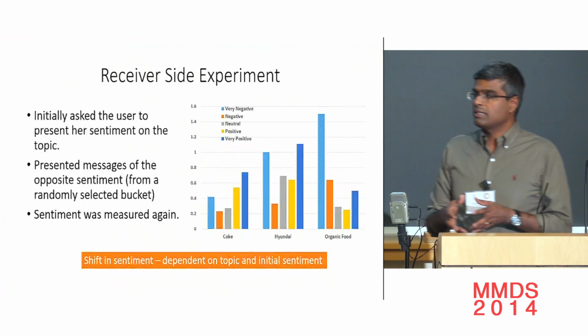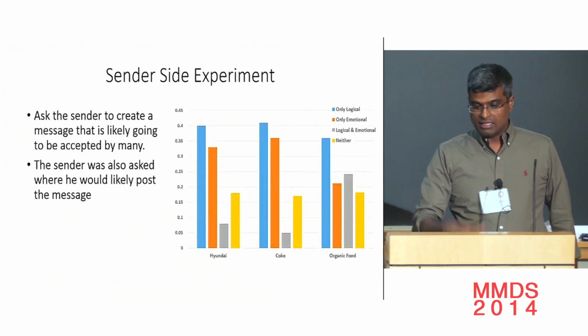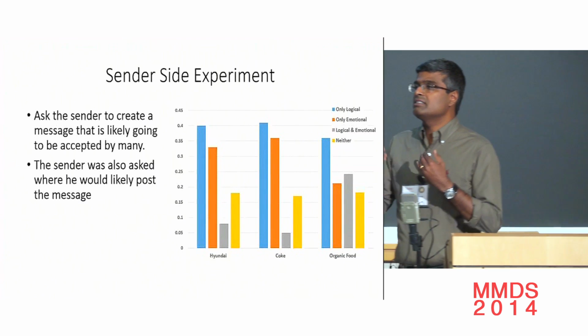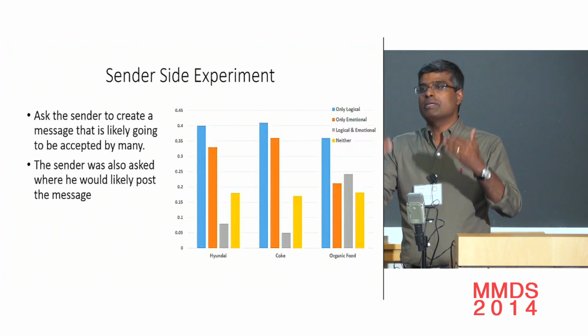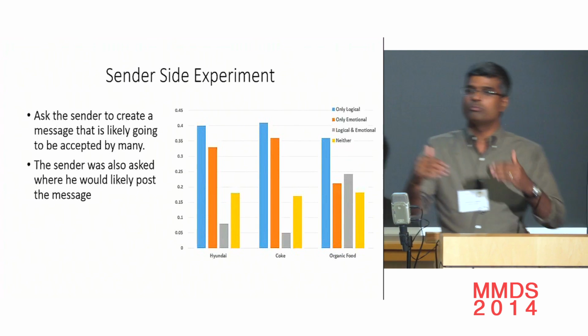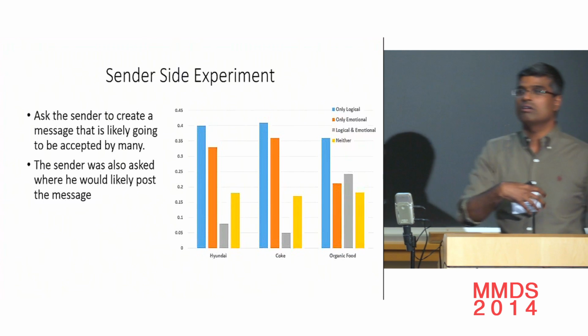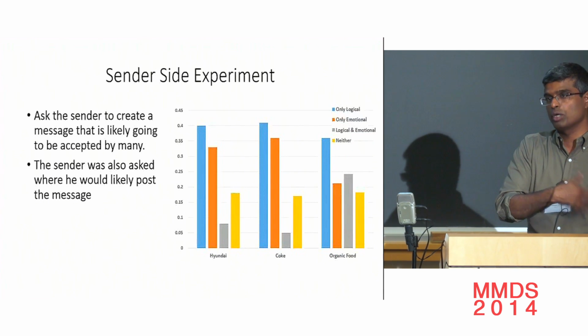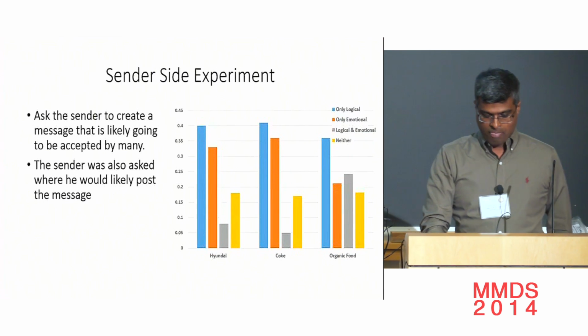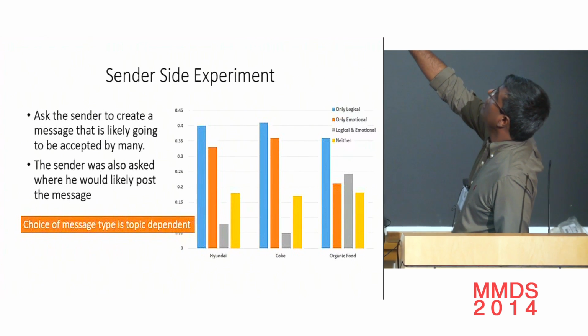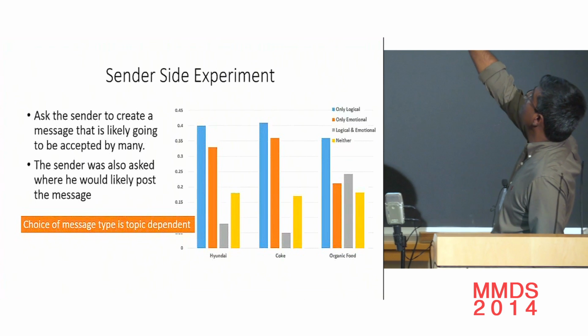the user has, okay? And coming to the sender side, we asked senders to pick a message and assume that you are posting this message on Twitter or Facebook. What would the message be if you want to convince as many users as possible on this particular subject with your sentiment, whether negative or positive, okay? And here again, you'll see that the users pick different kinds of messages.